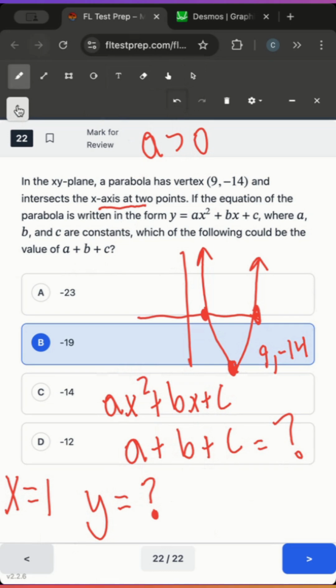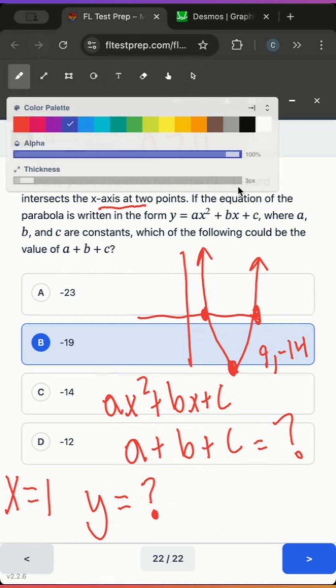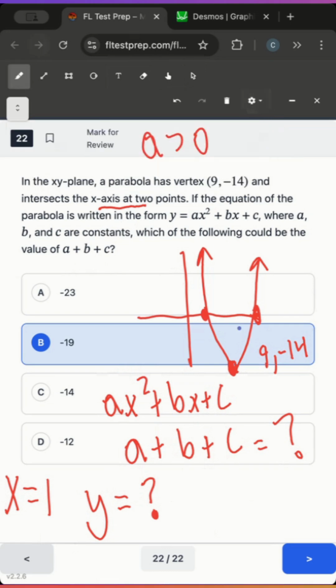And so let me switch my pen color to make it a little easier. Well, if I know -14 is the lowest y value possible because it's my vertex and it's facing upwards, doesn't that mean that the y value for x equals 1 just has to be greater than -14?